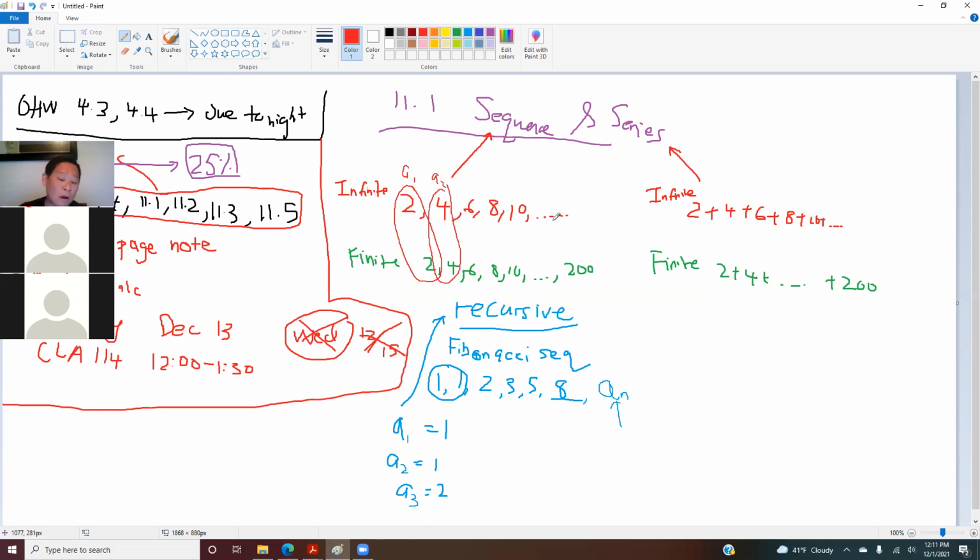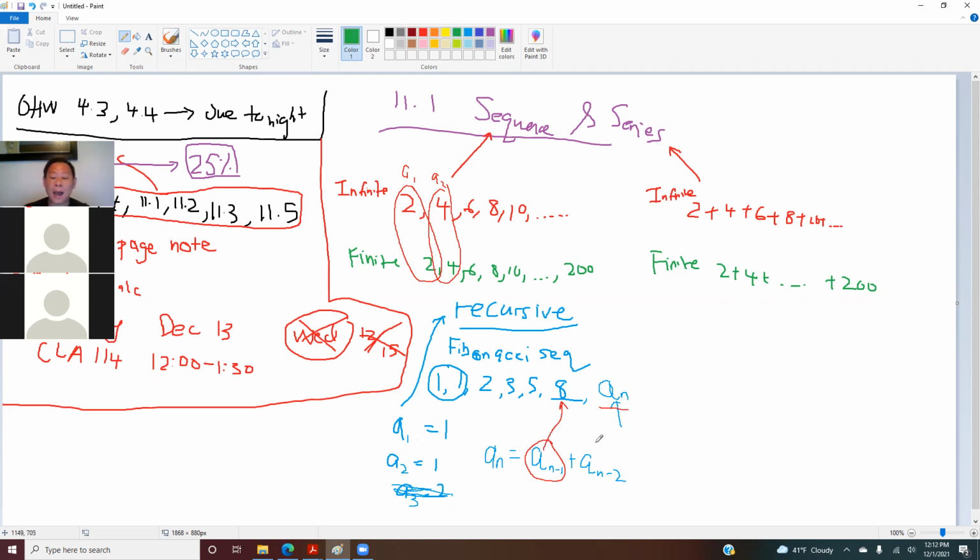Okay. So in order for you to figure out the recursive sequence, I can write a formula for it. In this case, we know A1 is 1, A2 is 1. If I want you to write this in the An term, your An term is An minus 1 plus An minus 2. Now, what is this An minus 1? An minus 1 is the one right before An. So for example, if this is An, An minus 1 in this case is the term right before An.